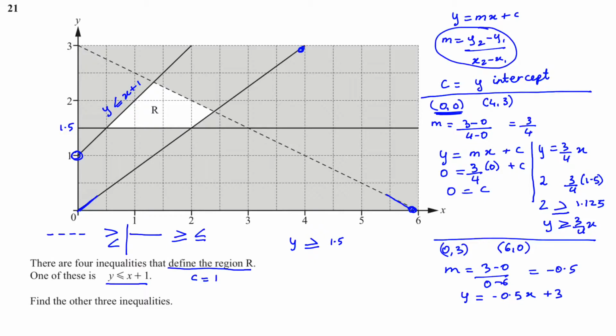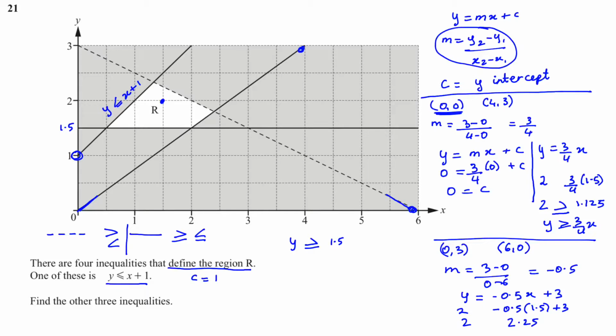Now we have to see whether it is more than or less than. Again, we are going to choose the same point, when x is 1.5, y is 2. We are going to replace it here: negative 0.5 times 1.5 plus 3. You will get 2.25.